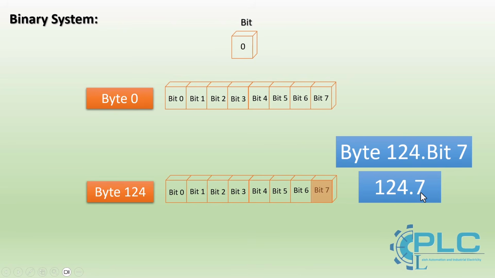So whether we're working with byte 0, byte 1, or byte 124, the addressing principle stays exactly the same. And this is important because the S7-1200 uses a byte and bit structure when addressing its digital inputs and outputs.